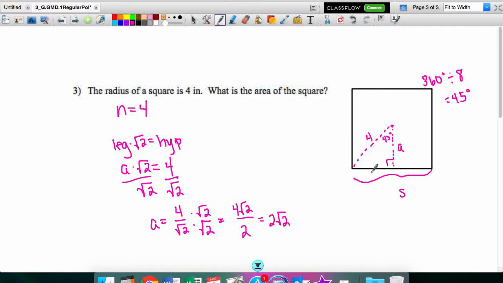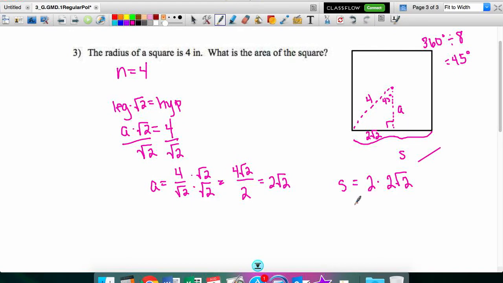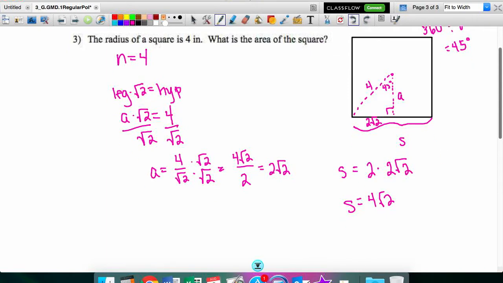So since the apothem is 2 radical 2, I know that this part of the side is also 2 radical 2, which tells me that the entire side length should be double the apothem that we have, or double the other leg, 2 radical 2. So 2 times 2 radical 2 will give us a side length of 4 radical 2. Now we have our S. We have our A, our N, our S, and we're finally ready to find our area.